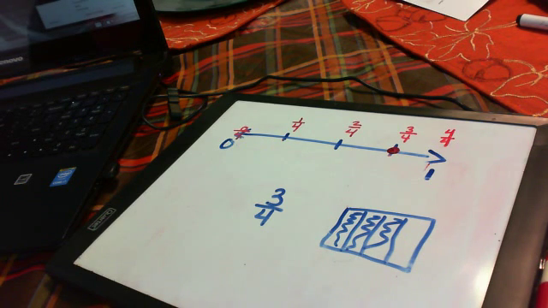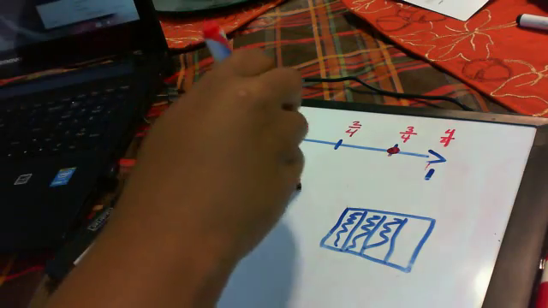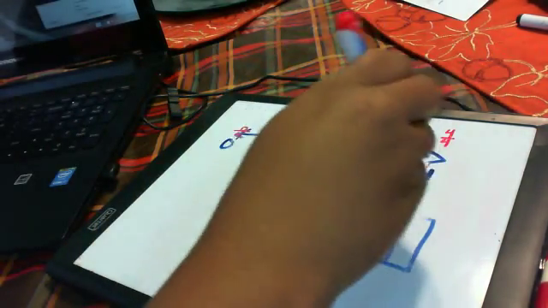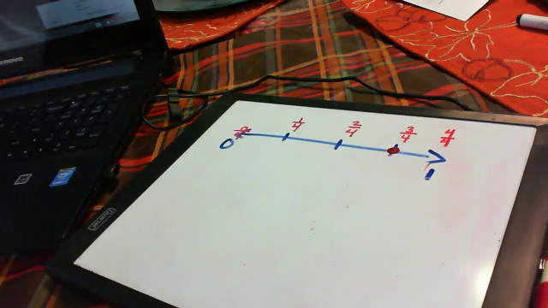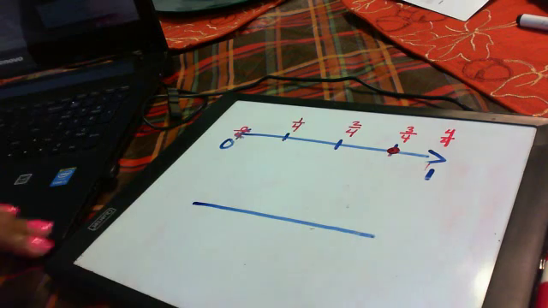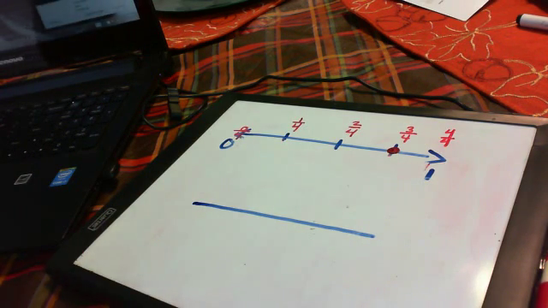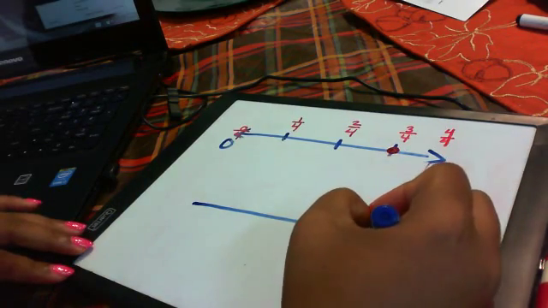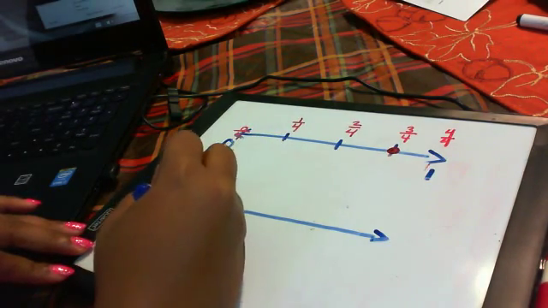So let's try one more. And I'm going to erase this bottom part so we have room for our number line. Same thing. I'm going to draw a number line, and our goal is to have a pretty straight number line. And then from there, I'm going to put my arrows because I know that the number line keeps going.